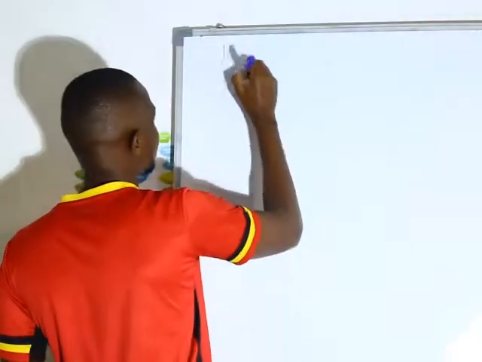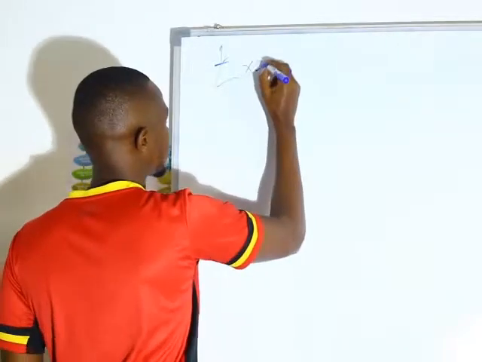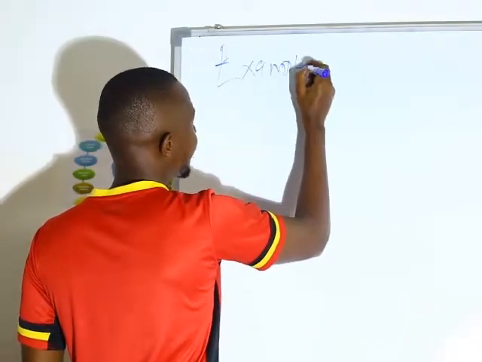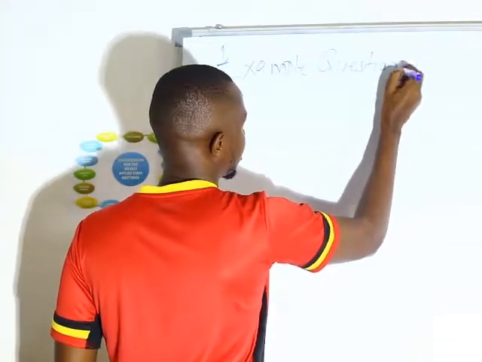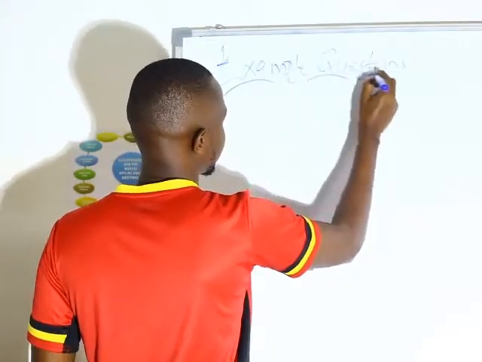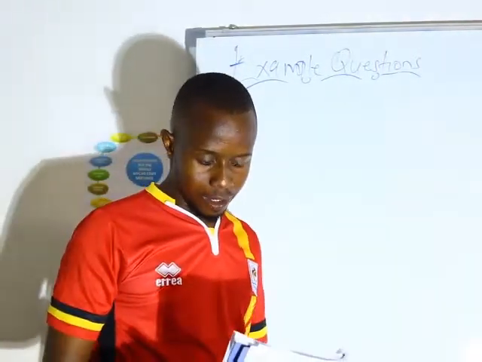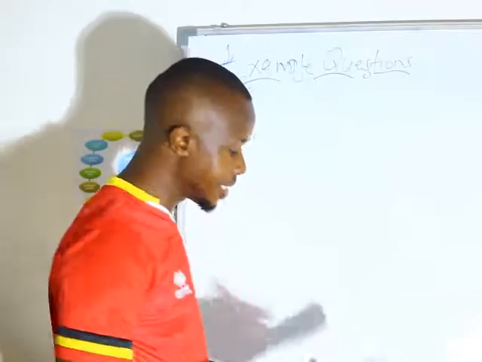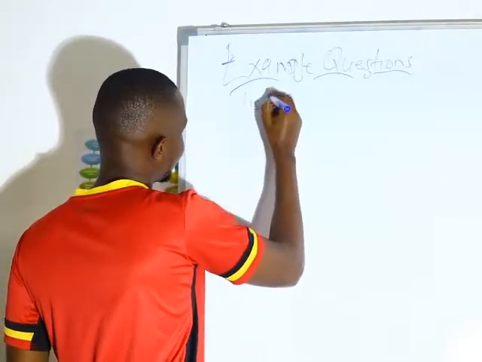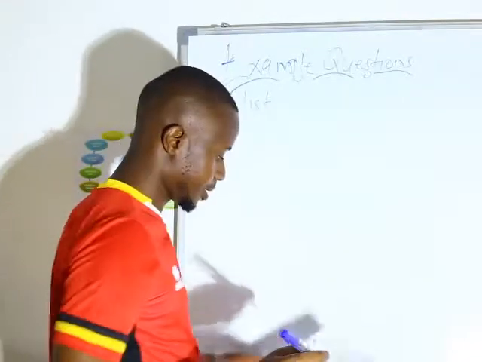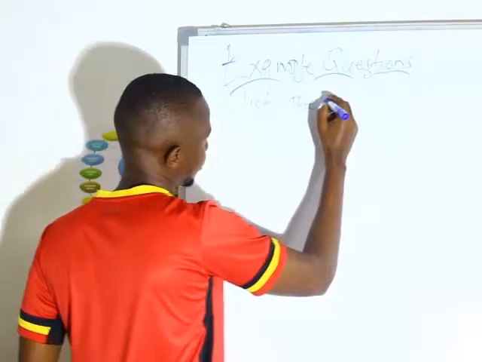So, example questions. The first question is, they can ask you: Question 1, list the 100th quadrant.